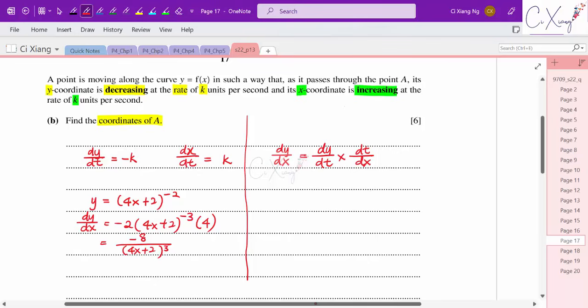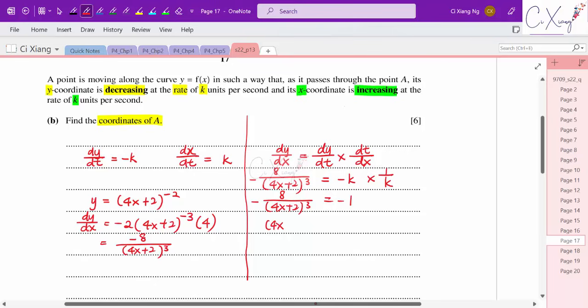So when having dy/dx, I'm having negative 8 divided by (4x plus 2) power 3 equals negative k multiplied with dt/dx. dx/dt is k, so dt/dx will be 1 over k. And from here, you'll get it equals negative 1.